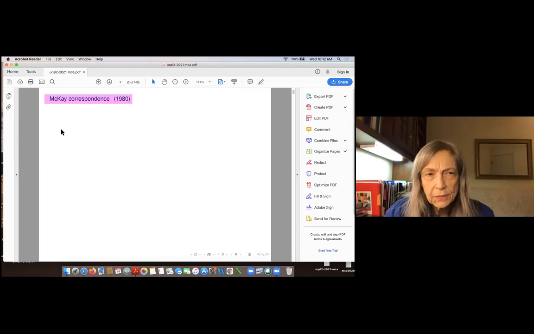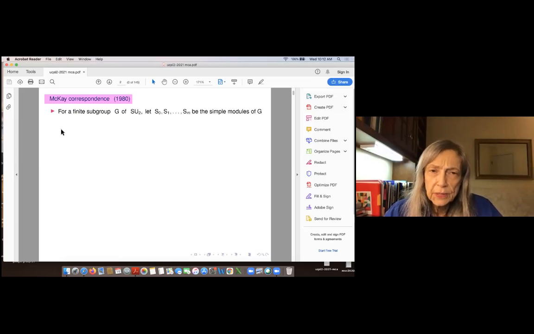This is when computers went from being clunky big machines to being things that sat on everybody's desktop. And John McKay was just experimenting with his computer. He looked at finite subgroups of SU2, so 2 by 2 unitary matrices of determinant 1.